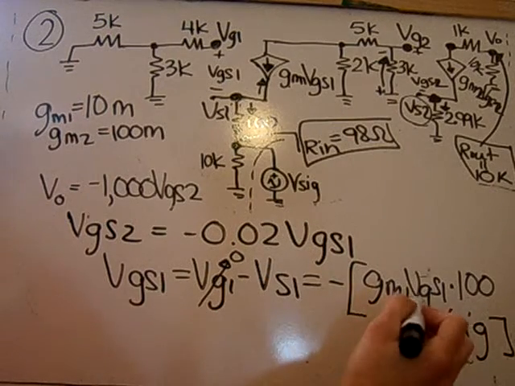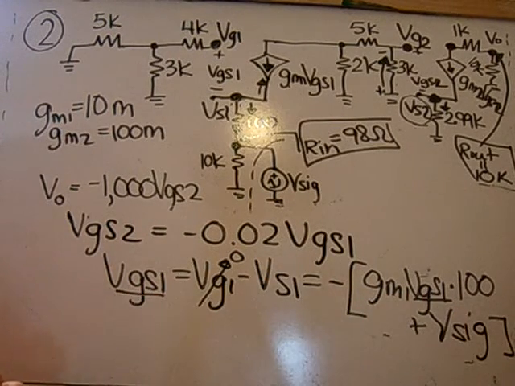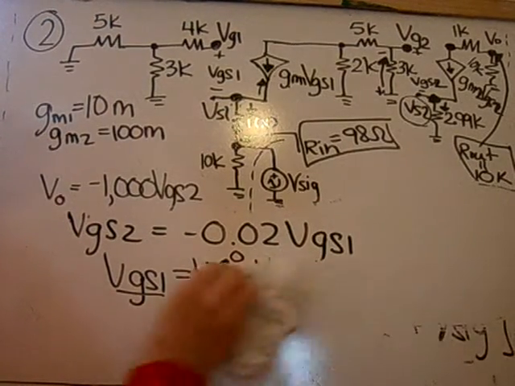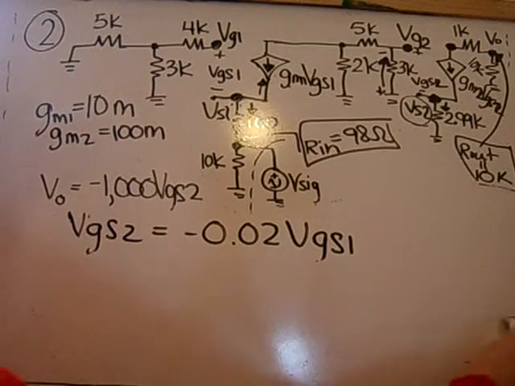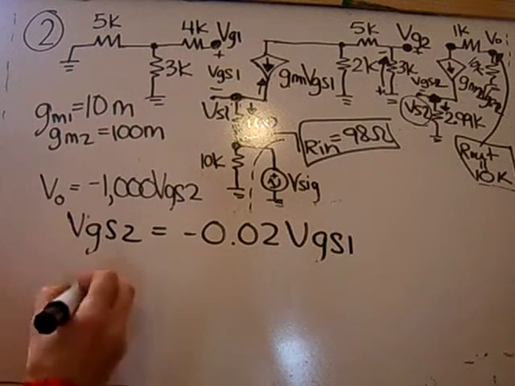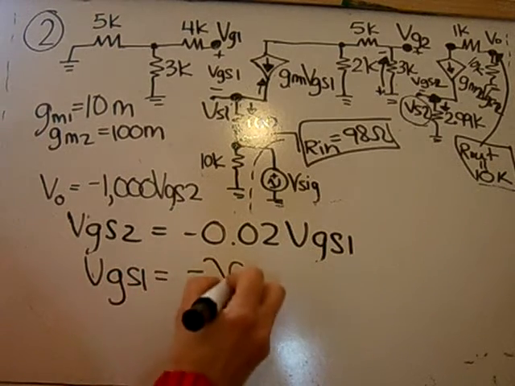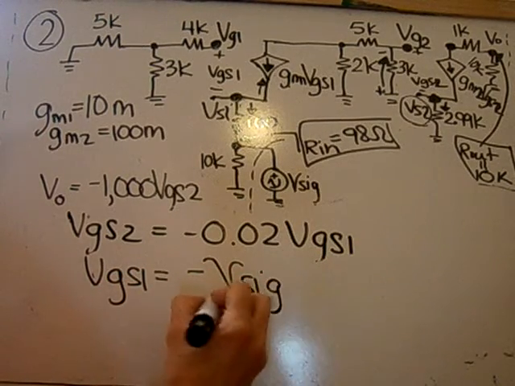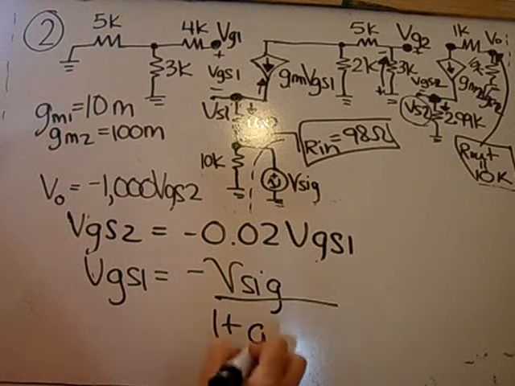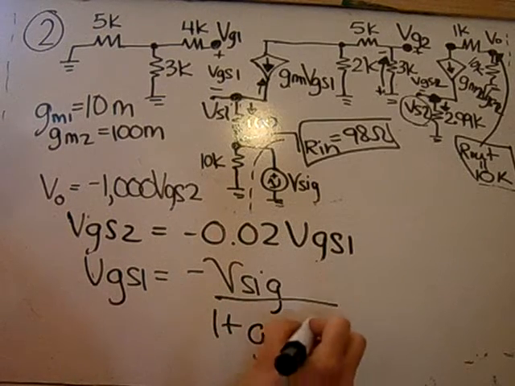So again, a VGS1 and a VGS1, so combine them on the same side and then divide, and that gives VGS1 is equal to a negative V sig divided by 1 plus GM1 times 100.